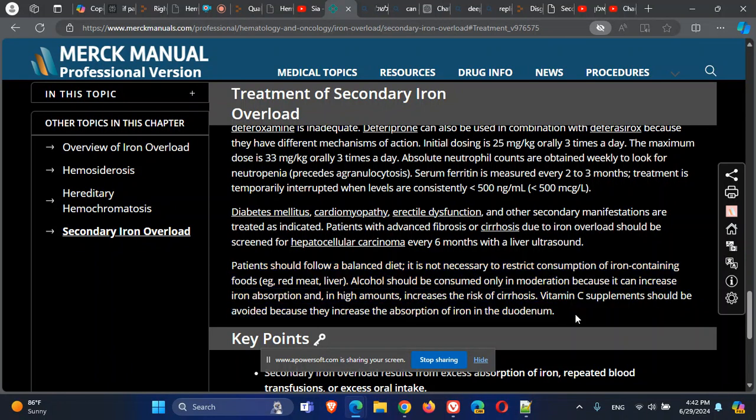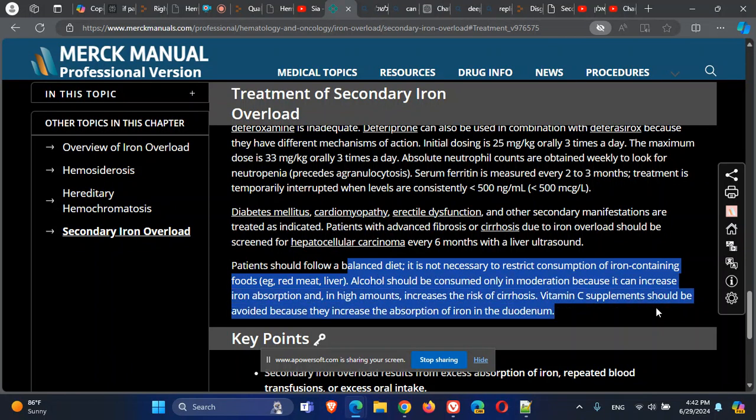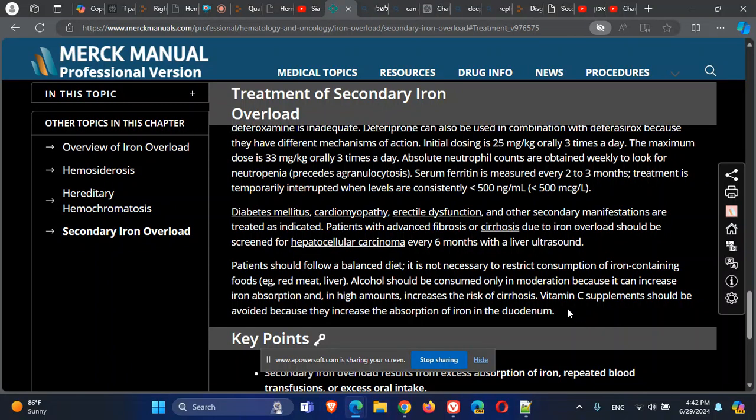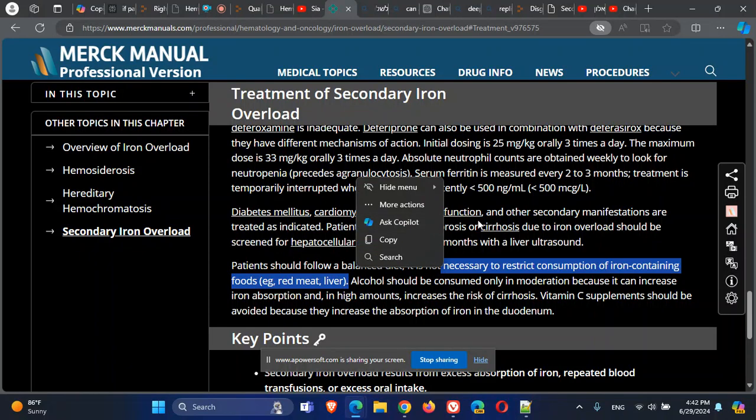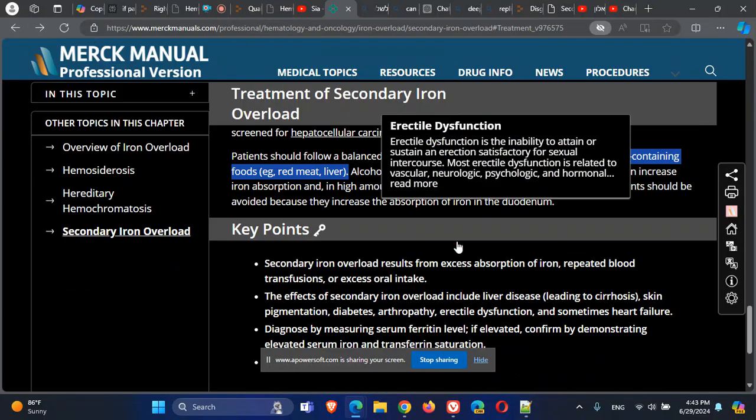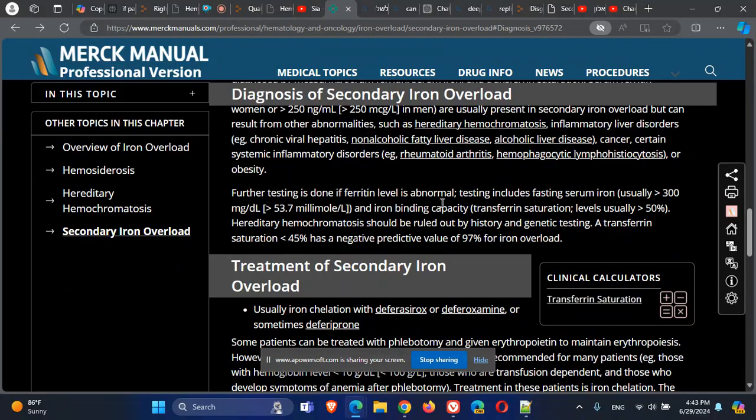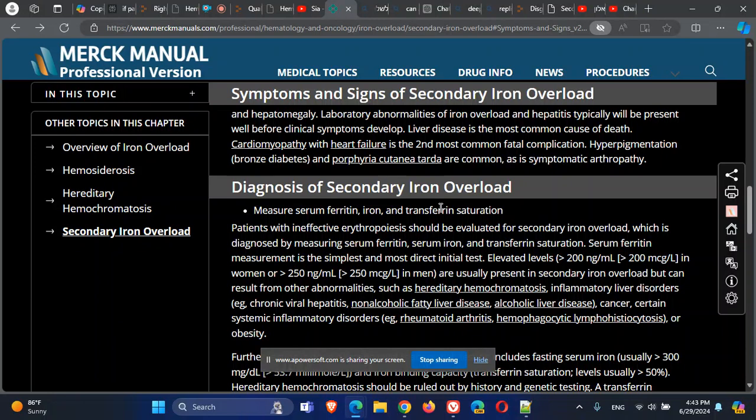Now about the diet: reduce alcohol, reduce vitamin C, reduce too much of these products because they can elevate the iron absorption. About iron in the food, like meat and liver, it's not necessary to restrict it. Okay, so this was about iron overload.